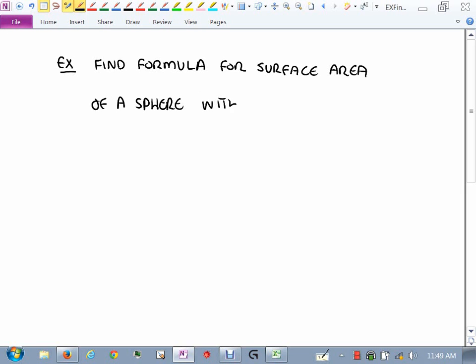with radius. Do you want to do radius like 1 or 2 or 3, or do you want to do radius r, where we're going to get the general formula? I'll let you choose. Okay. General? Okay, radius r. All right, so what is the formula for the area of a sphere?